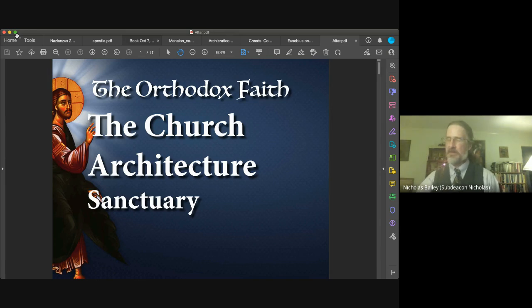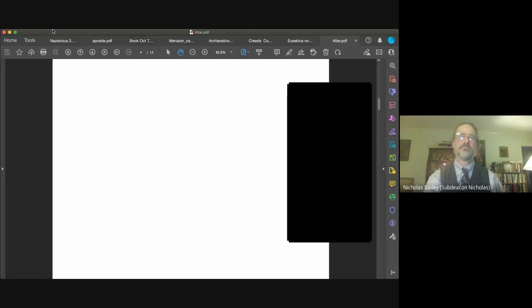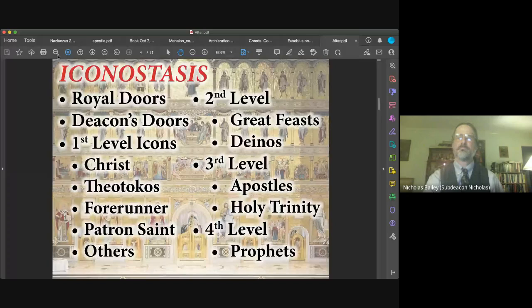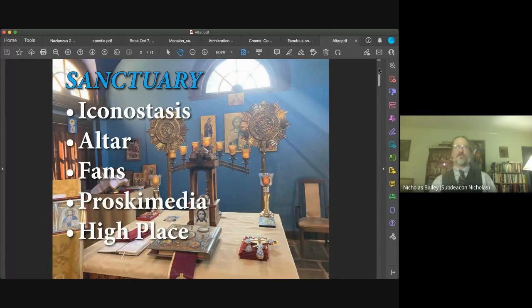The iconostas means icon screen. So the iconostas is the first thing you'll see.